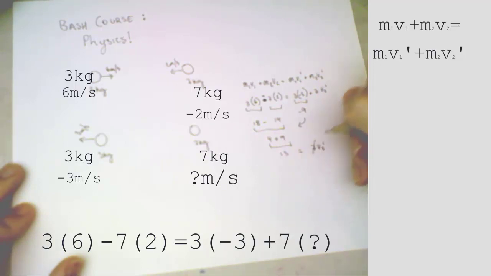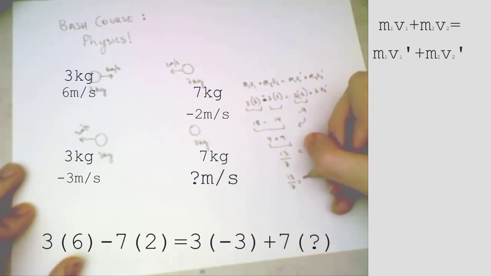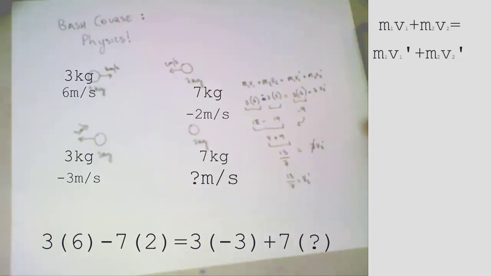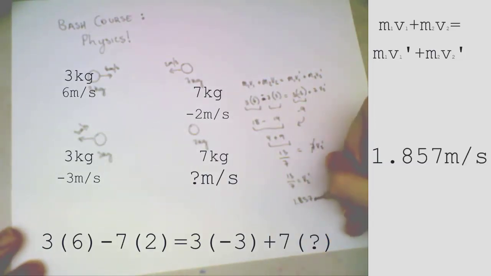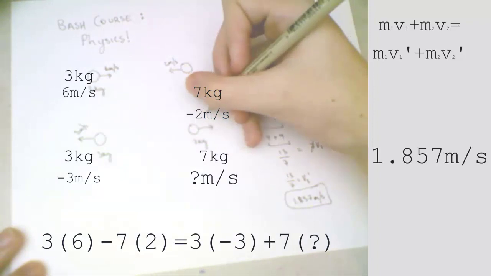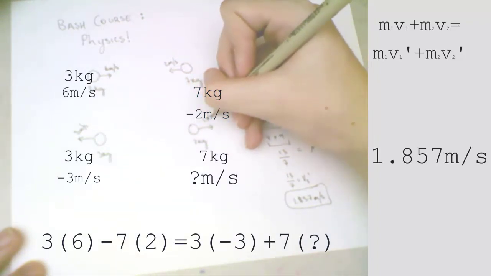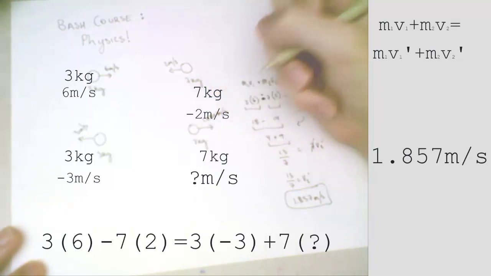Then we will divide by 7 on both sides, and we will get 13 over 7 equals v2 prime. It happens to be 1.857, and we know it's a velocity, so our units are meters per second. And there you go, we figured out the missing velocity of the 7 kilogram ball: 1.857 meters per second.